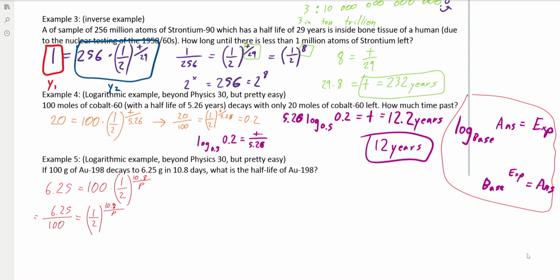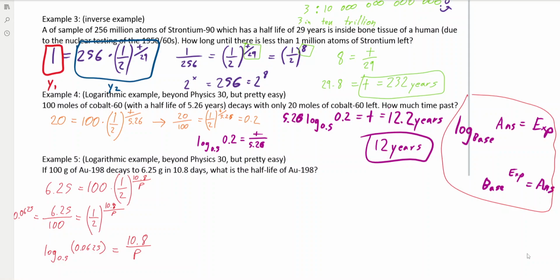Actually, before we do that, let's find the actual answer here, which is 0.0625. Okay, so this is going to be log of the base, which is 1/2, so 0.5, of the answer, 0.0625, equals the exponent, which is 10.8 over P.